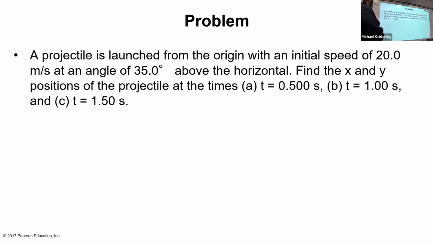So if you have a projectile launched from the origin at an initial speed of 20 meters per second at an angle of 35 degrees above the horizontal, we want to find the x and y positions of the projectile at times t equals 0.5 seconds, 1 second, and 1.5 seconds.